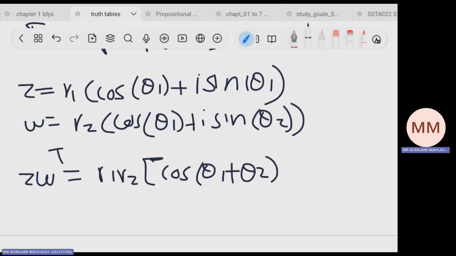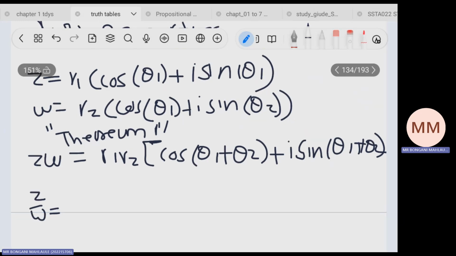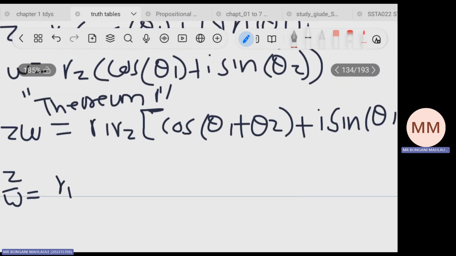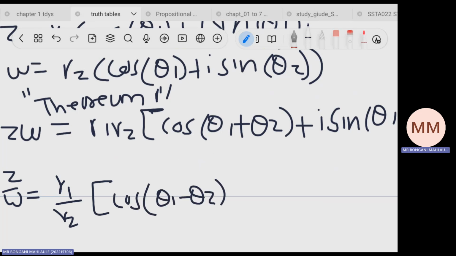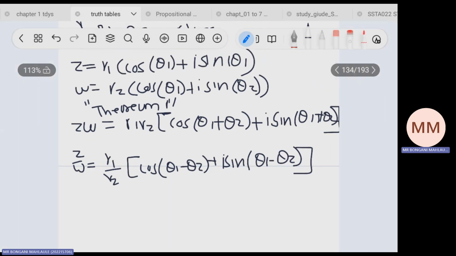So this is a theorem. So this is theorem number 1. You will be required to prove this in the test. Then z over w will be equal to r1 over r2 times cosine of theta 1 minus theta 2 plus i sine of theta 1 minus theta 2. So this is theorem 2.